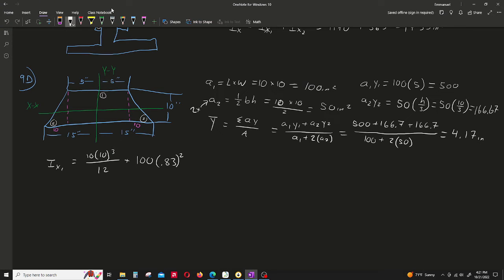And remember, D value is just equal to y bar minus y. I guess D1 is equal to y bar minus y1. So in this case we would get 902 inches to the 4th power.